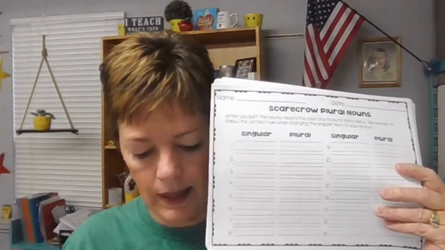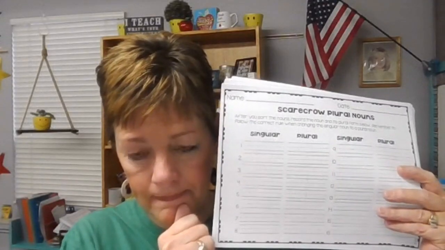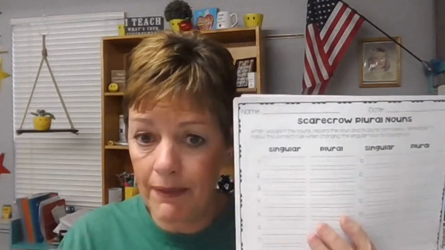Okay? Let's go down. That word is cherry. Cherry. Okay? Where is the Y? It's at the end. What is the letter that's just before the Y? Is it a vowel?